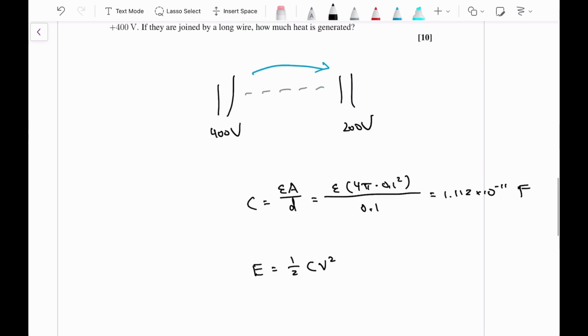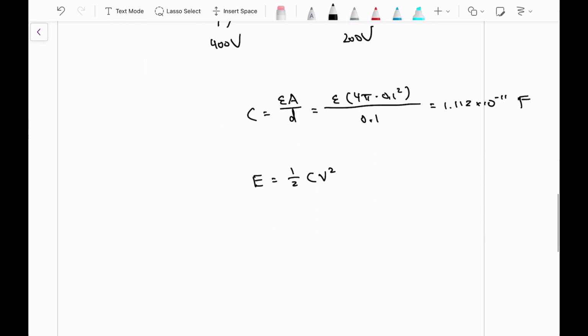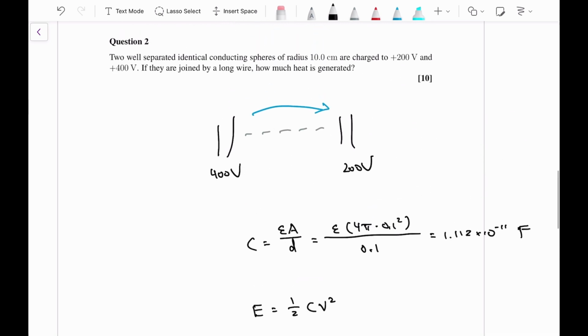So the heat generated in this case is basically the amount of energy that is lost throughout the process. Now, another thing we have to understand is that we have to calculate the initial energy and then subtract the final one.